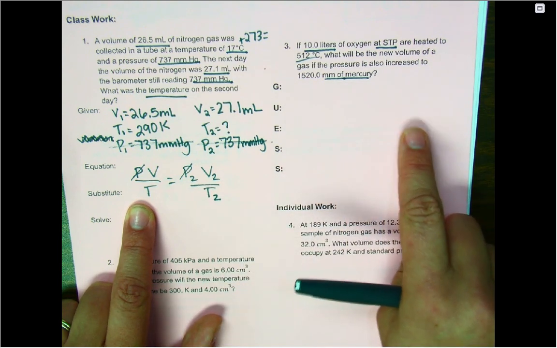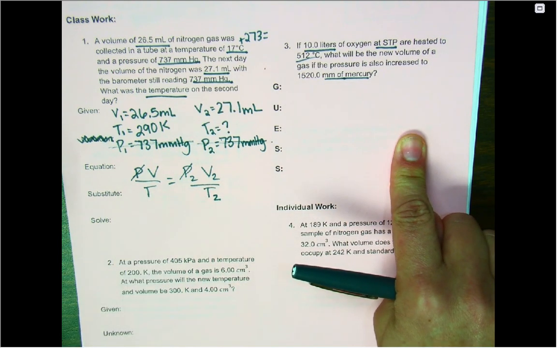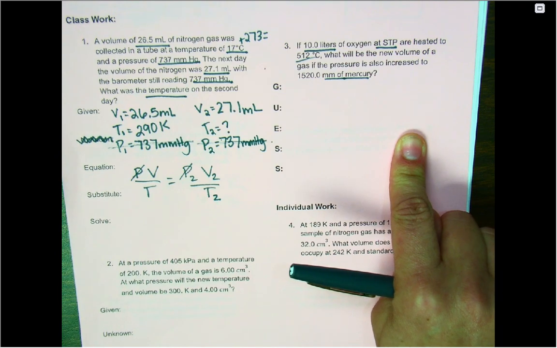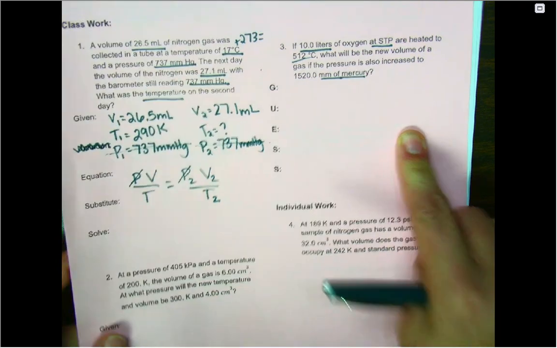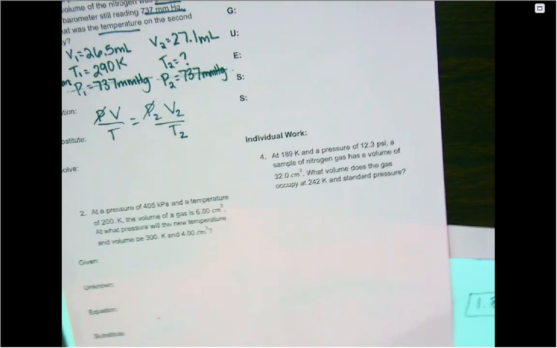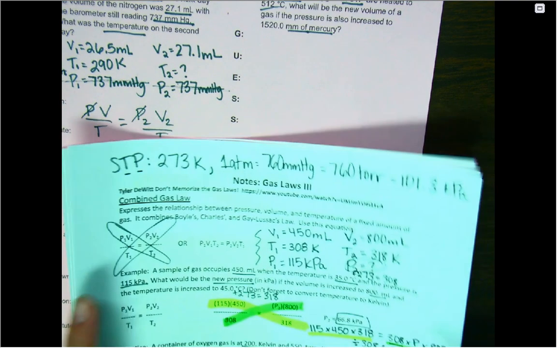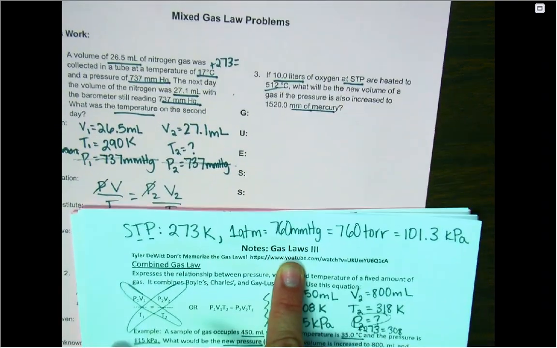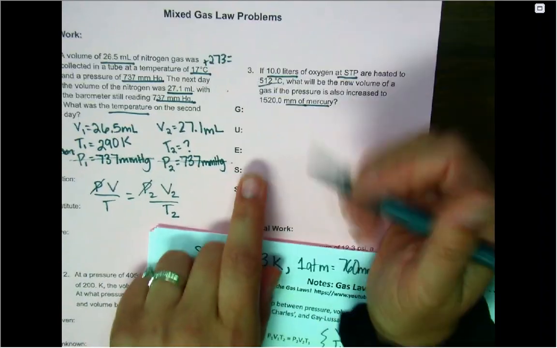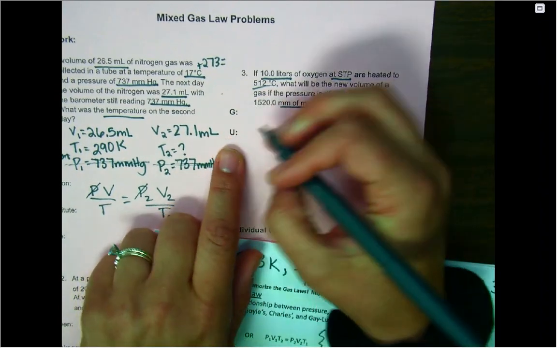Now, number 3 over here has one extra part that makes it a little bit tricky. But remember, I made you guys write down at the beginning of the notes today what STP was, right? So on the notes page, remember, we wrote down STP values at the top. So I'm just going to kind of show over here.